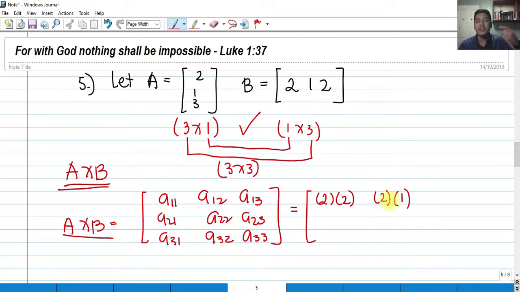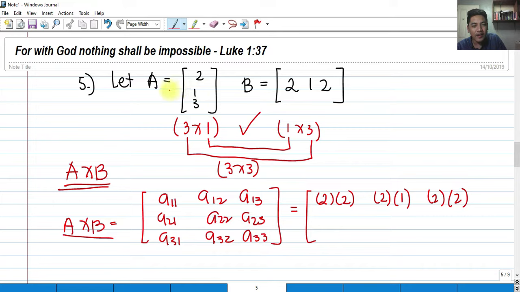But later on we will see the difference when we have numerous rows and columns. So for A13, row 1 of matrix A, which is 2, multiplied by column 3 of matrix B, that is again 2, so on and so forth.